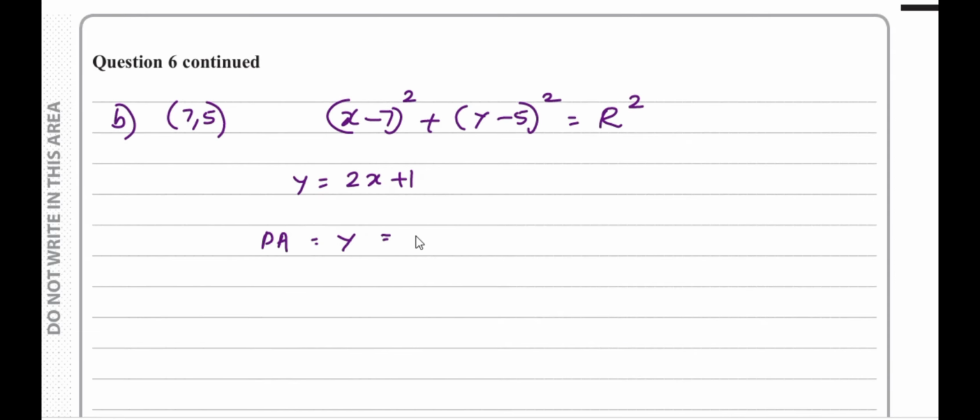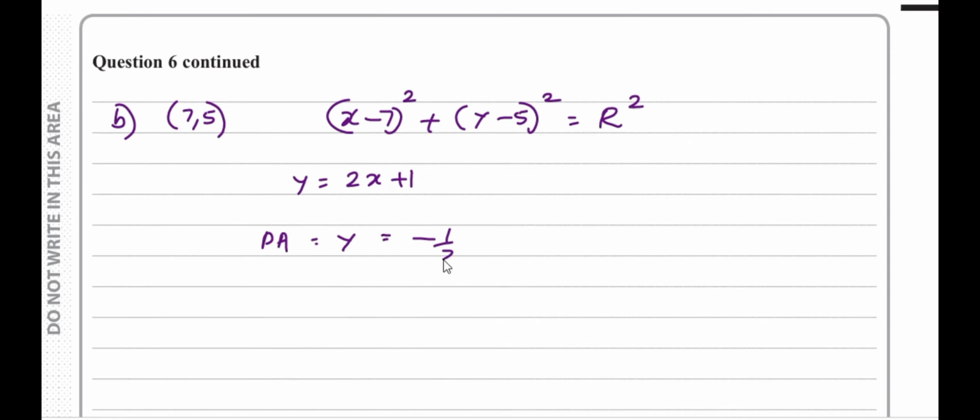Then at the intersection point P, between the tangent and the radius, they are equal. That means 2x plus 1, the equation of the line, is equal to the equation of the radius, minus half of x plus 17 over 2.